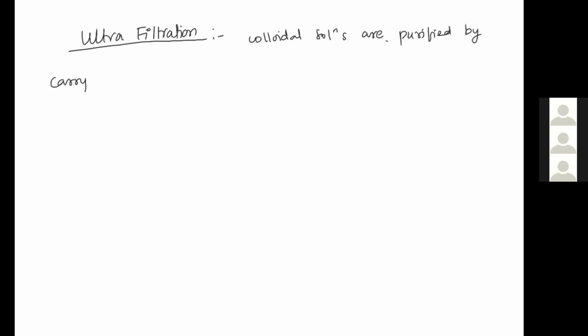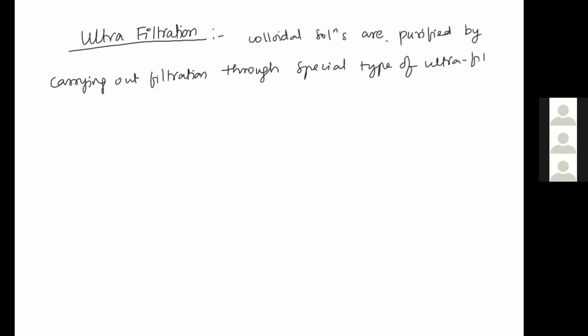We have ultrafiltration. Here, colloidal solutions are purified by carrying out filtration through filters that allow only electrolytes to pass through.